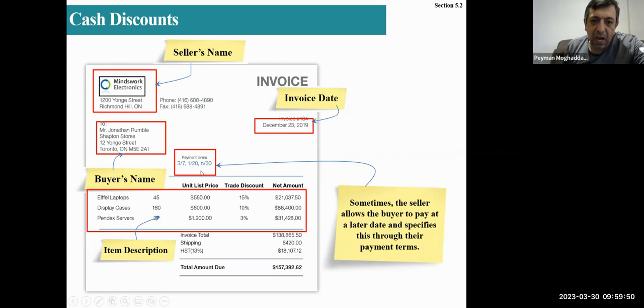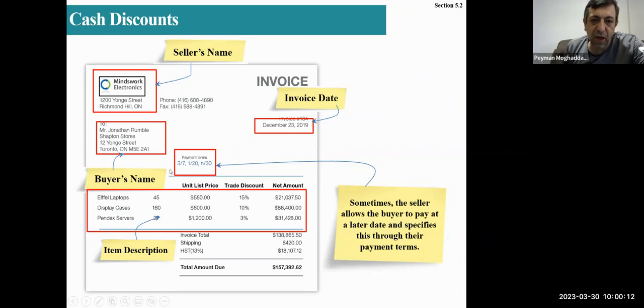And if you pay within 20 days of the invoice date, you will get 1% discount. And if you pay within 30 days of the invoice date, you have to pay the net price. And if you pay more than 30 days, there's going to be a penalty, which doesn't mention here.